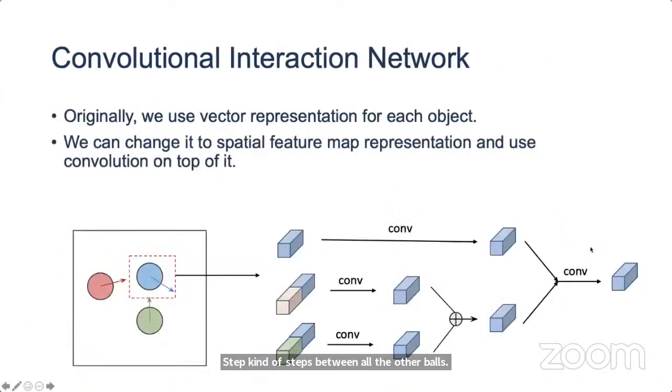This pipeline of interaction is initially applied to fully connected embeddings. In this work, since we are extracting the ROI feature, which is a spatial feature map, we can extend the interaction network to a convolutional interaction network by replacing the fully connected layers with convolutional layers.